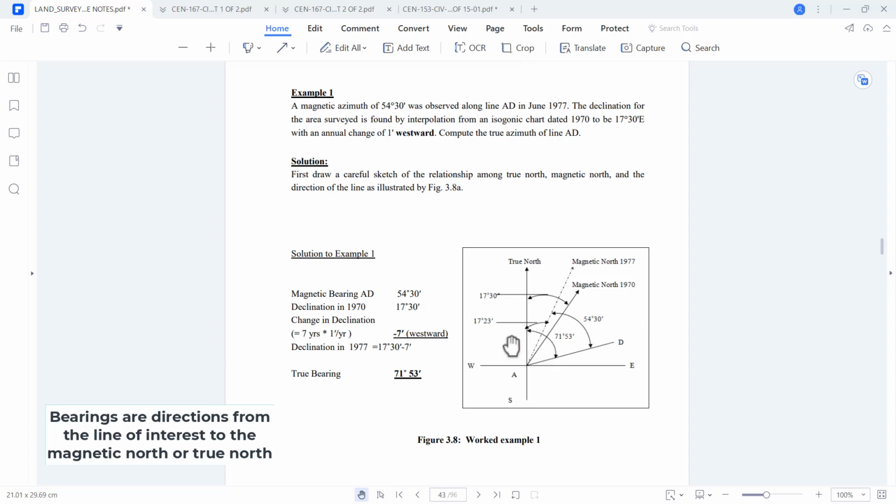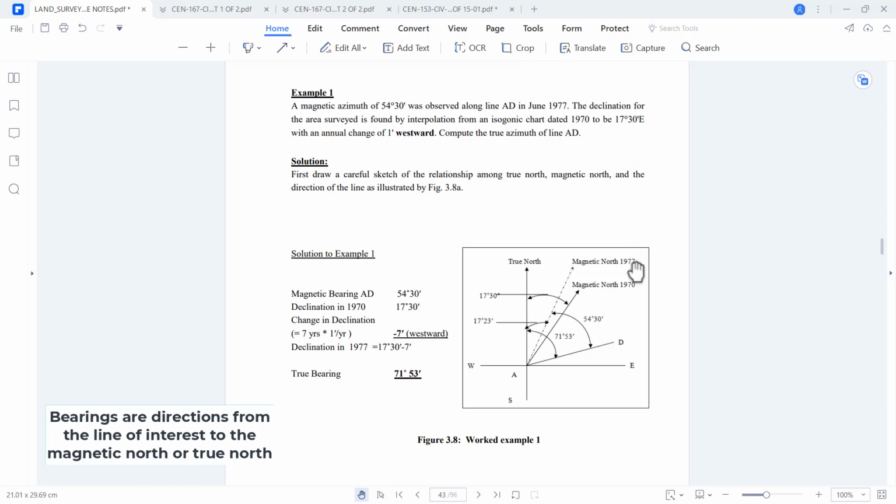Okay, so now they give us the declination for the area survey to be 17 degrees 30 minutes eastward. So you have to know that this declination is in the eastern part.